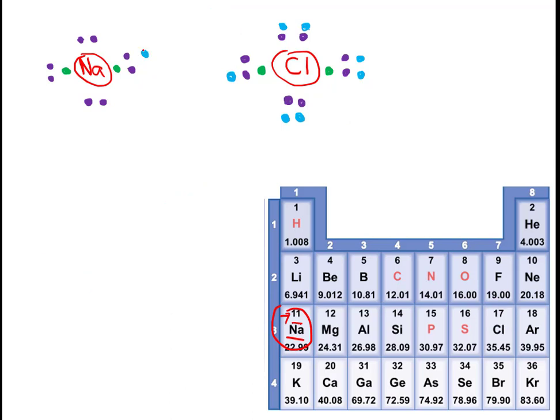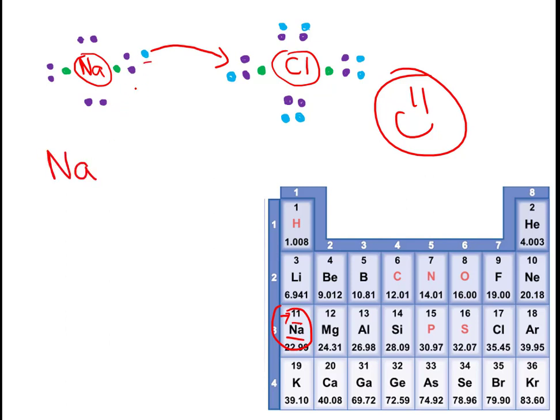It's really simple. Sodium can simply give away its single electron to chlorine. And when that happens, then both sodium and chlorine will be extremely happy, and they will both have that stable octet. If sodium gives its electron away to chlorine, then sodium is losing the electron.